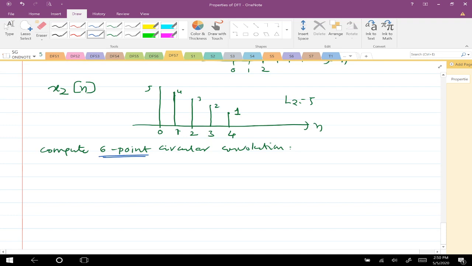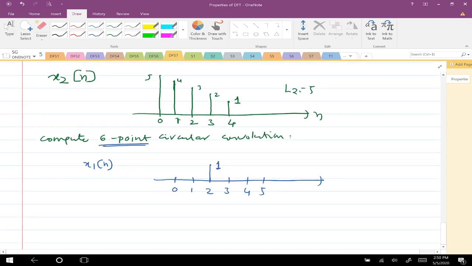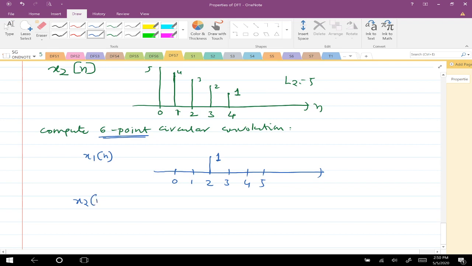So x1 of n is equal to, make the periodicity 6 here: 1 0 1 2 3 4 5. I have 2 1, that was my x1 of n. Let me draw x2 of n again.